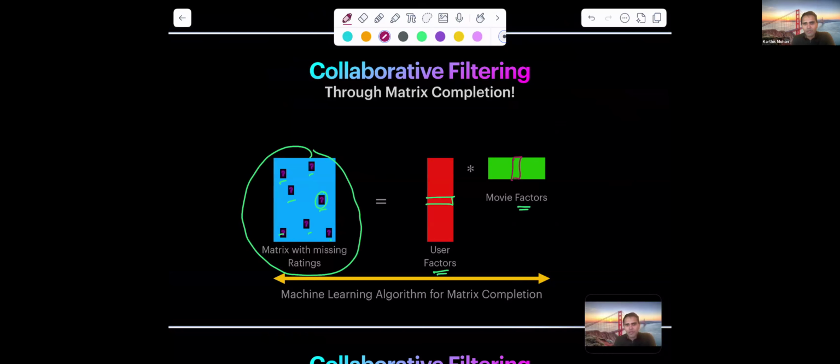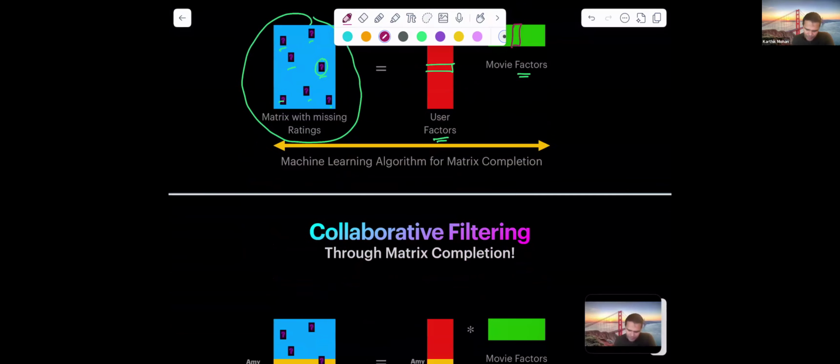Somehow you can explain the ratings by seeing that for this user and this movie, there is a user factor which captures what the user might like based on their previous ratings, and a movie factor that captures what the movie is about, what's the genre, what are the actors in the movie. There are some details there, and then when you take a dot product, you can make a prediction, right?